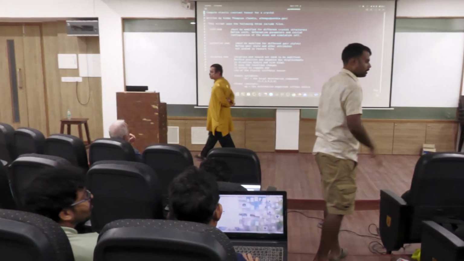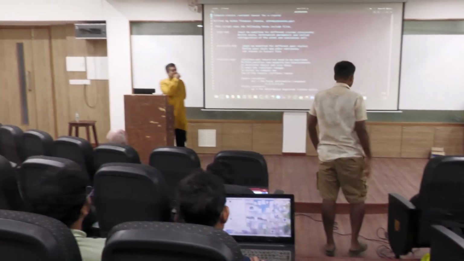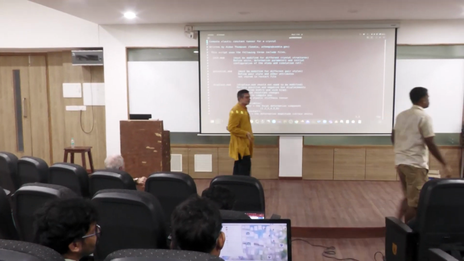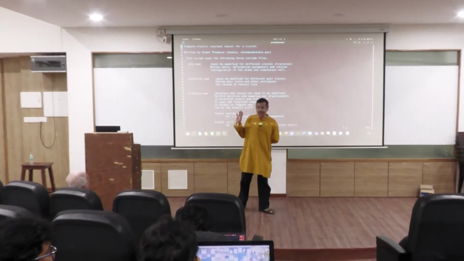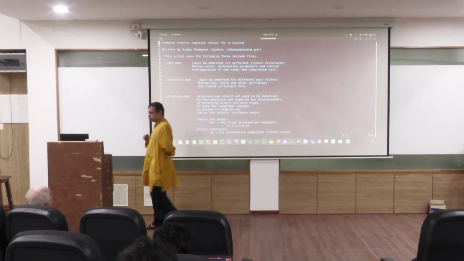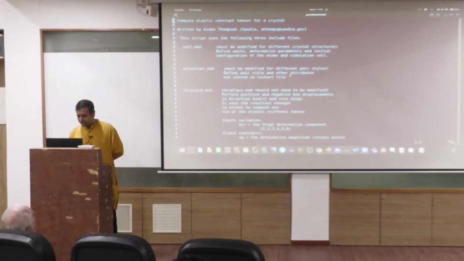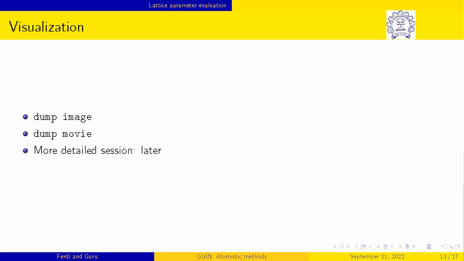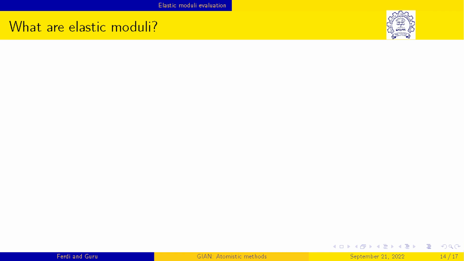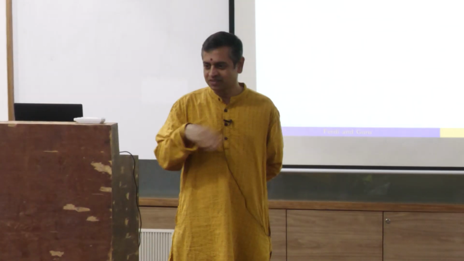The next one that I want to show you is an example file that is already there in LAMMPS. But before I do that, I had this question and I expected that Ferdy might talk about it. So, what are elastic moduli? I thought that you will talk about it, and you did talk about it as the curvature of the potential curve, right.